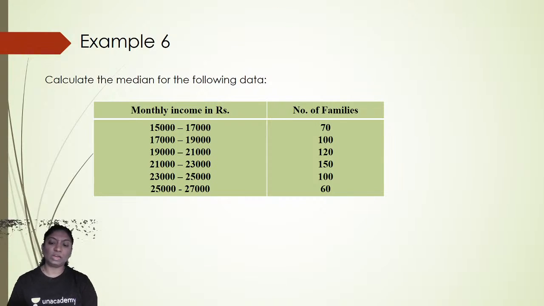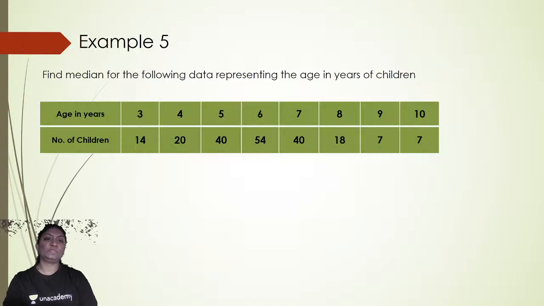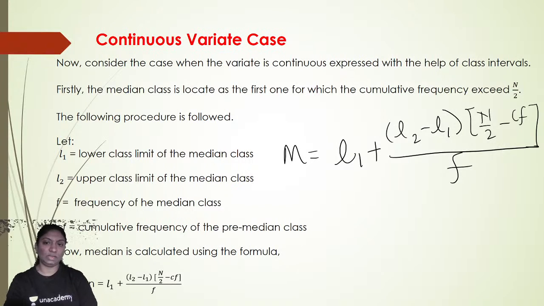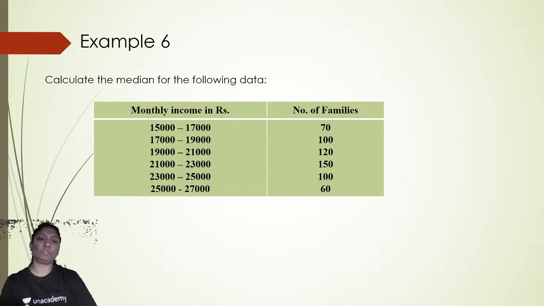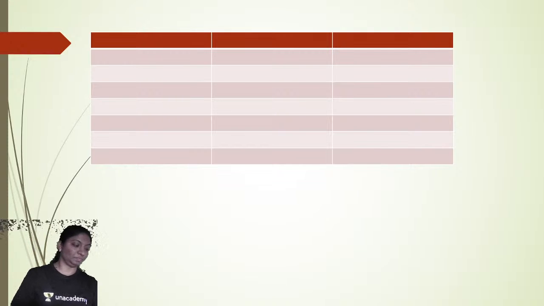We know the formula for continuous frequency data: M is equal to L1 plus (L2 minus L1) into (n by 2 minus CF) upon F. So we will use that formula here, and for that we have to calculate the cumulative frequency.